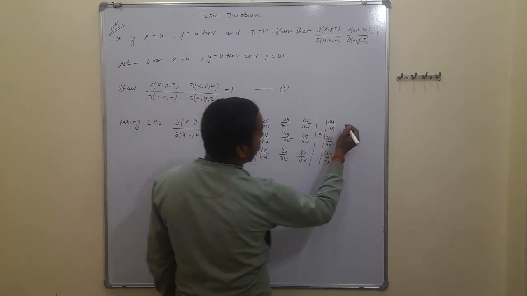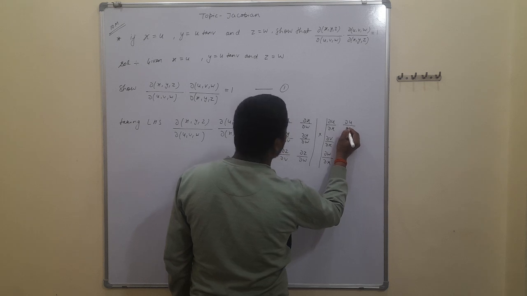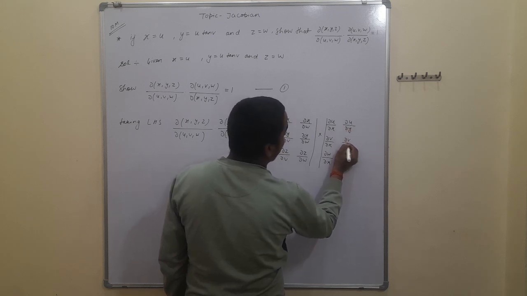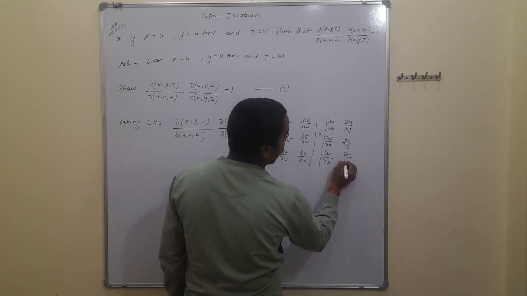For the second row, del u upon del y, del v upon del y and del w upon del y.